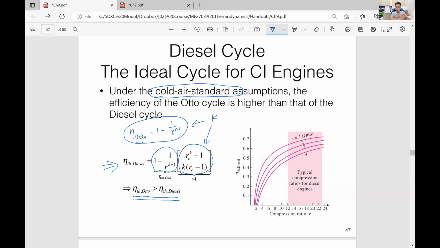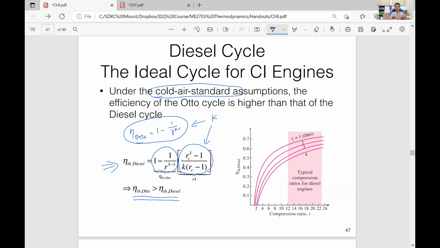However, we know that for an Otto cycle, the typical compression ratio ranges from about 7 to 10 or 11, right? But for a diesel cycle, the compression ratio can be as low as 12, which is even higher than the maximum of the Otto cycle.